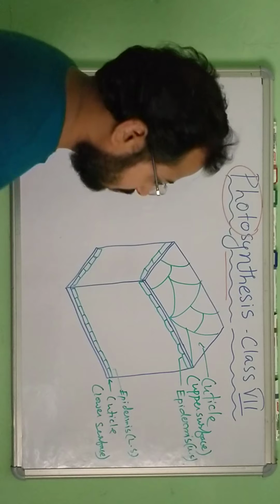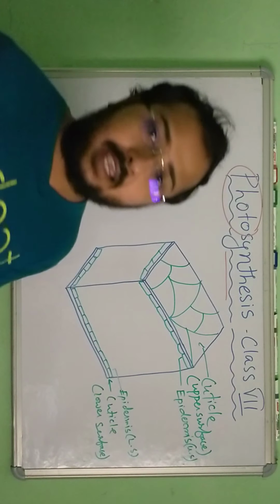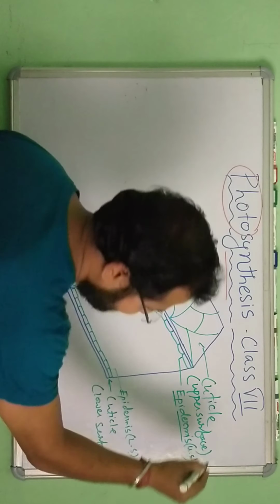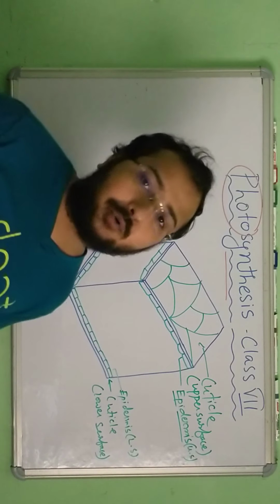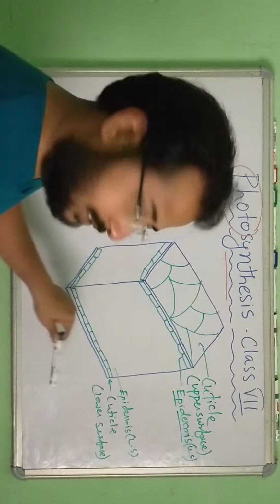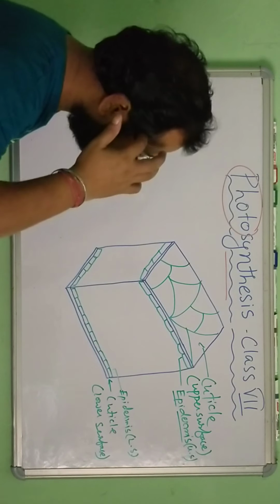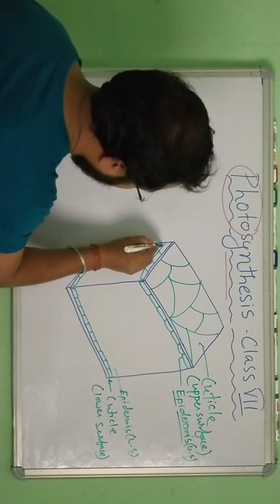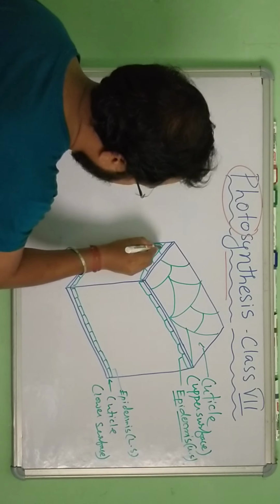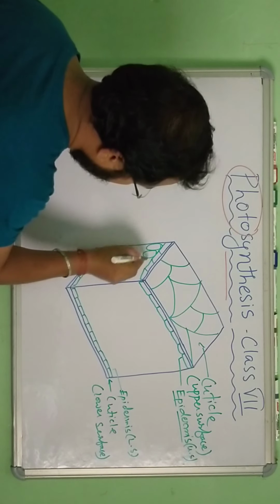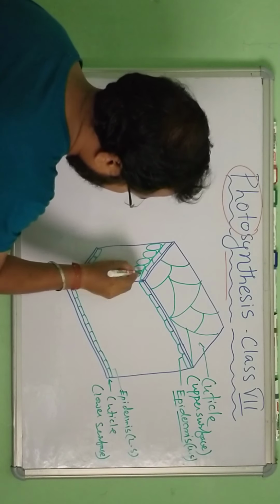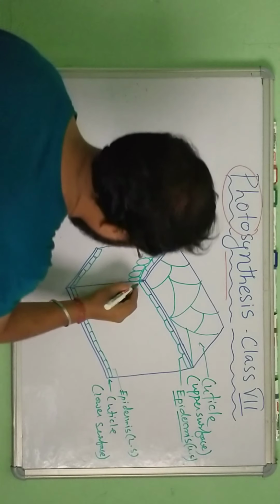Fine. Now epidermis. Epi means outer, dermis means layer. So it is the outer layer, epidermis, on both the sides. Now the next labeling. These are some of the cells present here.